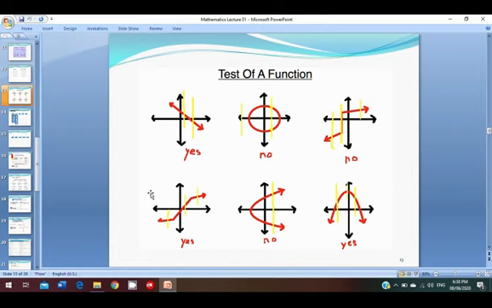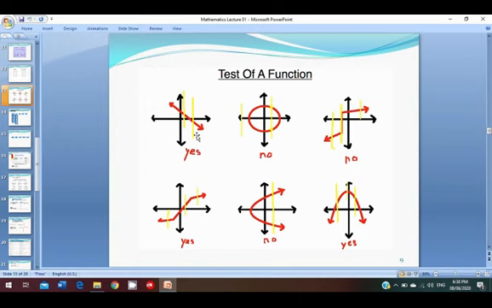If a vertical line intersects a graph in more than one point, it is not a graph of a function. In a simple way, you can see the first graph in which the black lines show the x-axis and y-axis, and the red line represents the graph of the function, and the yellow lines are the test lines. They intersect the function vertically, and you can easily see these yellow lines intersect the red line at one point. That's why we call it a function.